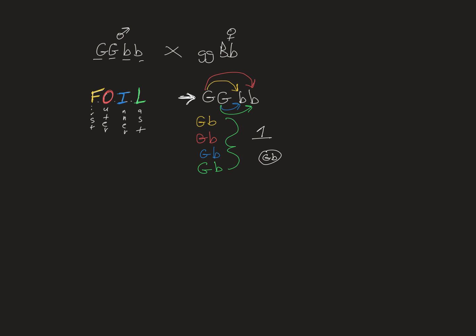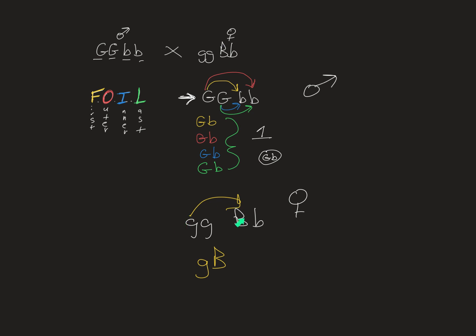So if we do the same with the other parent, that was the male. If we do the same with the female rabbit, we have little g, big B, little b. It's different because now you've got big G, big B. I should use the same color code, I suppose. I'm sorry, big G. I'm messing up all over the place. Little g, it only has little g's to give and a big B, correct?